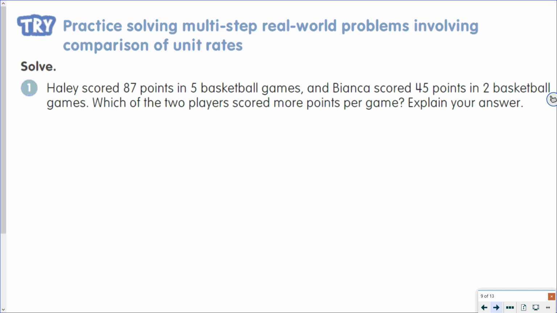All right, go ahead and pause the video here, find the answer to number 1, and then resume when ready. All right, you should have an answer to figure out which player scores more points per game. We have Haley, who has 87 points in 5 games.